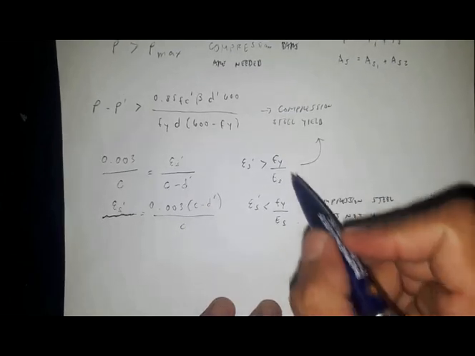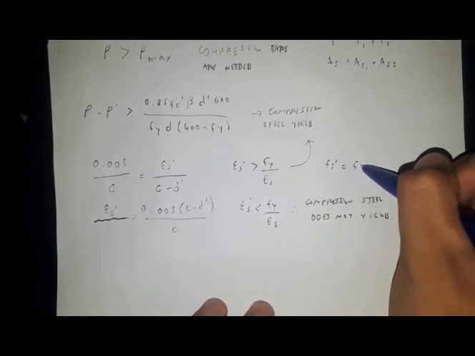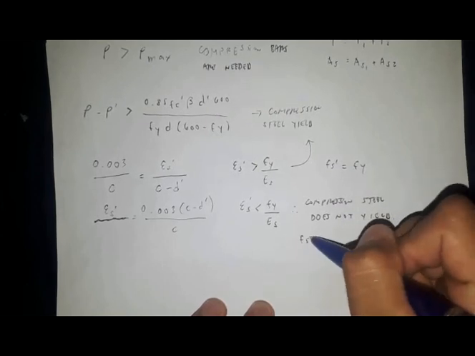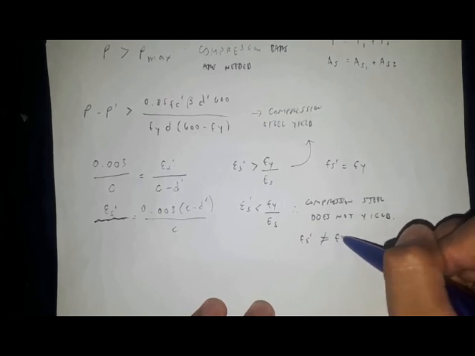So this is all we need to check. When it is like this, Fs prime equals Fy, while when it is like this, Fs prime is not equal to Fy.